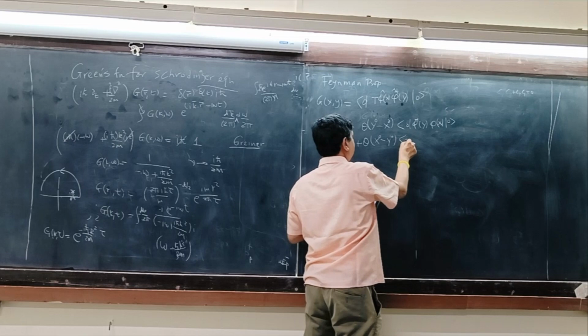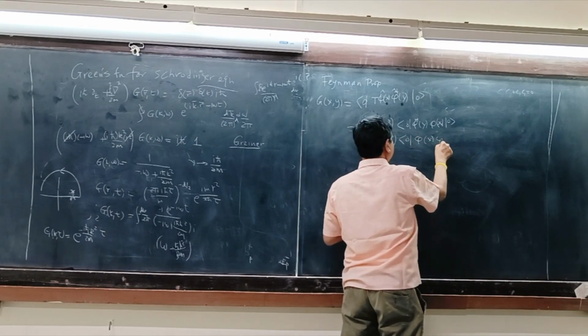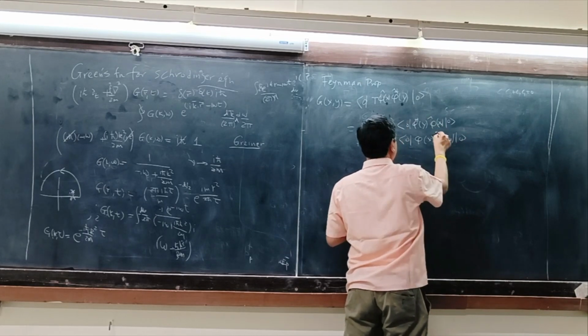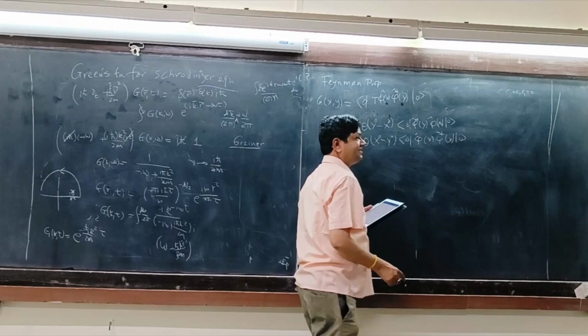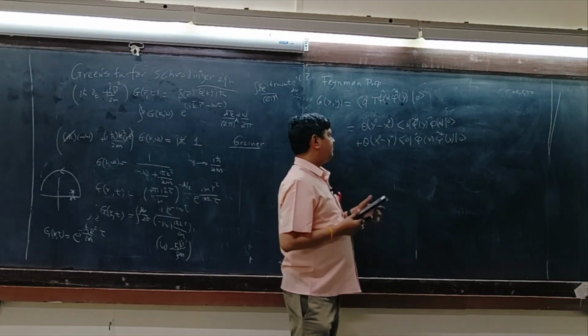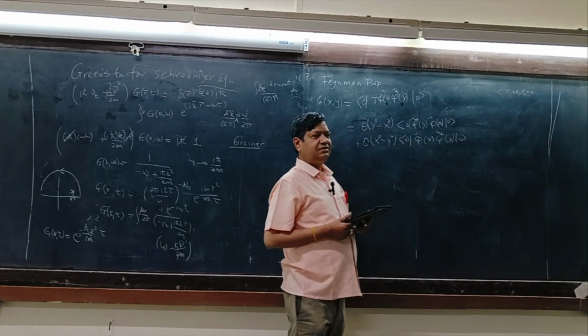If x is after y, then 0, phi x, phi dagger y. And all these are operators, okay? So we have to compute for both of them.